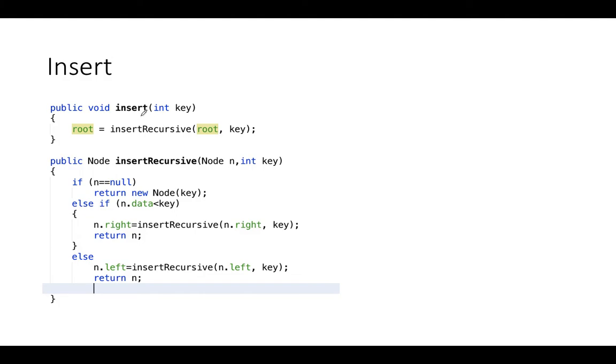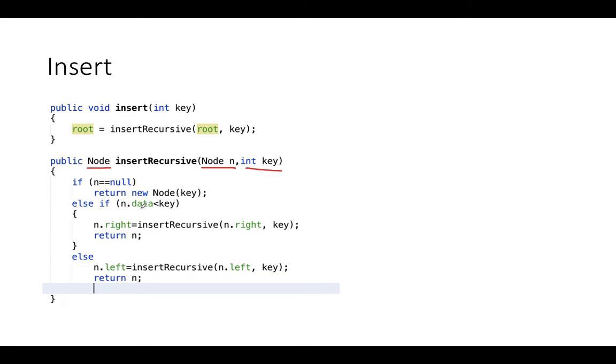To insert an element, we use recursion again. So we have a public node insert recursion, where we define the root node and the value we want to add. If the root node is null, we just create a new node with this value and add it.